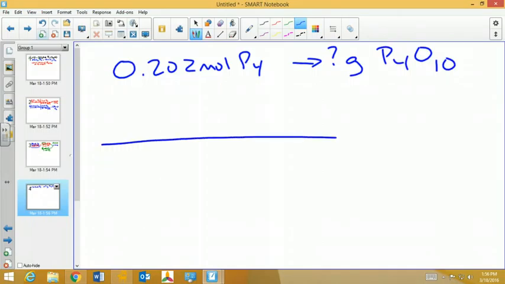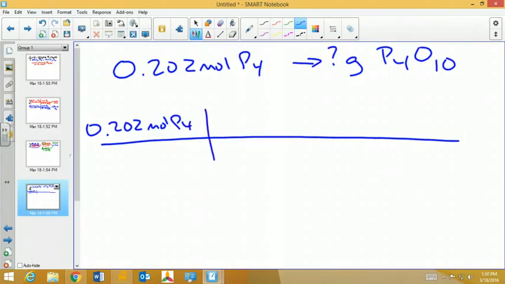So set up my stoichiometry. 0.202 moles of P4. Since I'm already in moles, I don't need molar mass. I'm just going to use my ratio. So of course moles of P4 go down here, and I want moles of P4O10 because that's what I want to end up with.